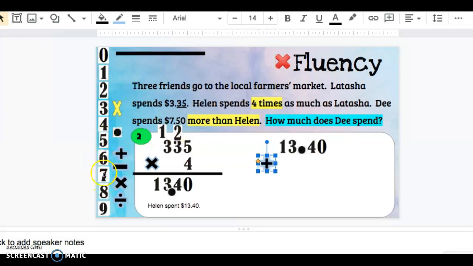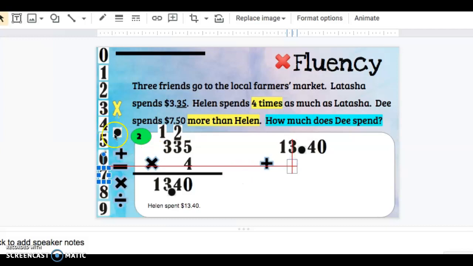And remember, when we add decimal points, we want to make sure that we line up our digits based off their place values and line up our decimal points. So you have 7, and then the 5 is in the 10th place, so I'm going to put it under the 4 in the 10th place. And then I have a 0, so I'm putting 0 in the 100th place.